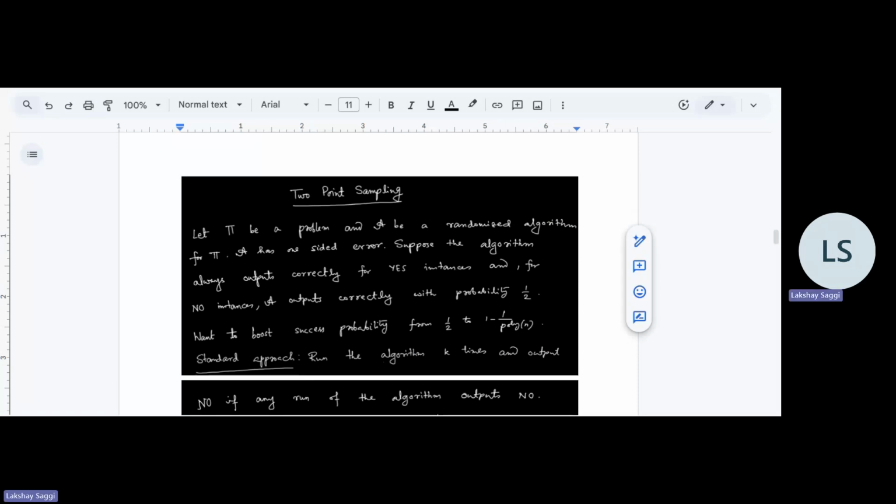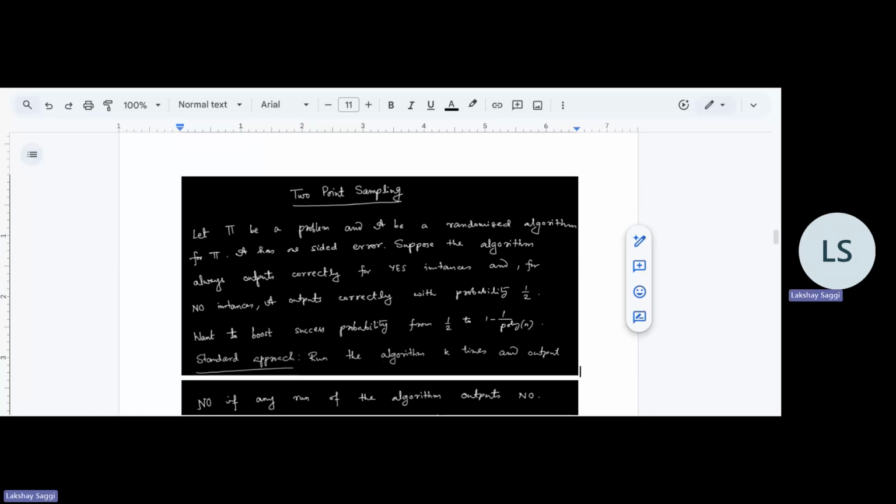Let's say you want to boost the success probability of this algorithm from half to 1 minus 1 over poly of n. Suppose someone comes and says to you that this algorithm is kind of useless because if it outputs no, then I really can't be sure if the algorithm is correct, because this probability half, or let's say half plus epsilon, is really not that good of a guarantee.